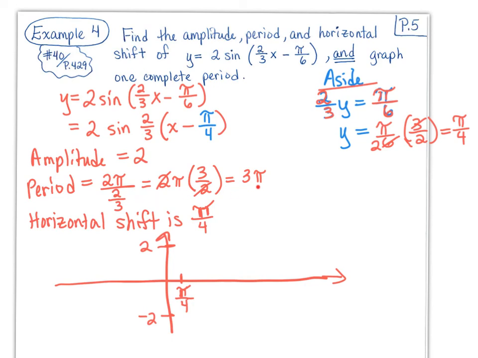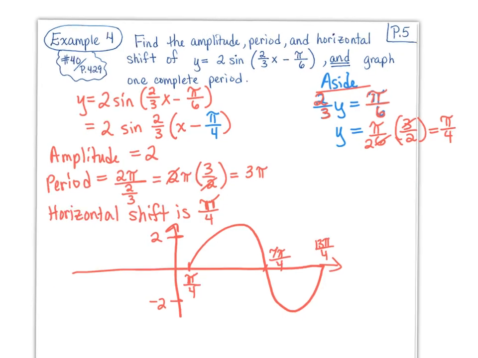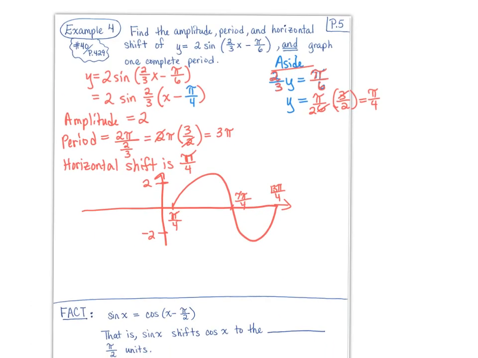Remember, one complete period is 3 pi, not 2 pi. So we have to make sure we get everything in. So that's the graph of y equals 2 sine of 2/3 x minus pi over 6.